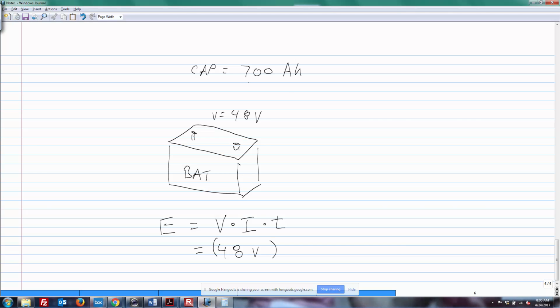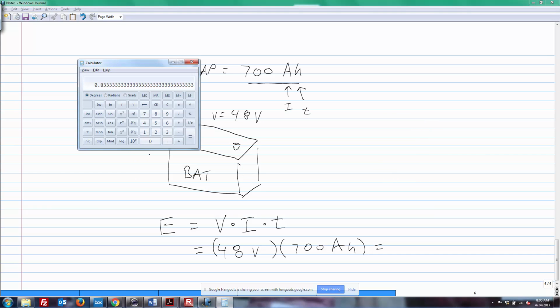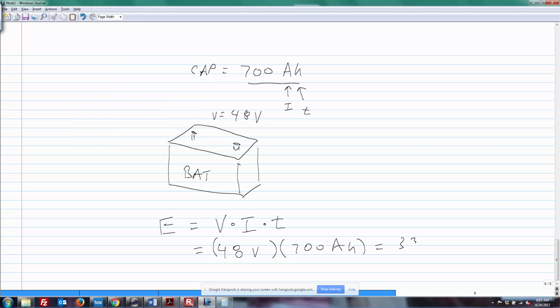And then here we can just combine 700 because there we have current and there we have time. And so together we have 700 amp hours equals, and we'll go back to our calculator for that one, 48 times 700 equals 33,600 volt amp hours.